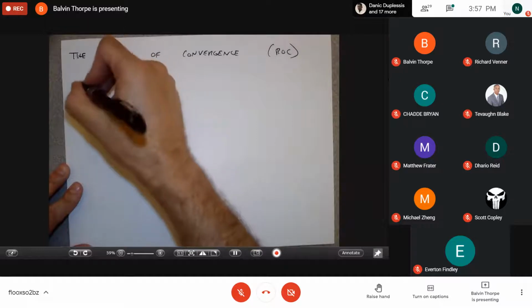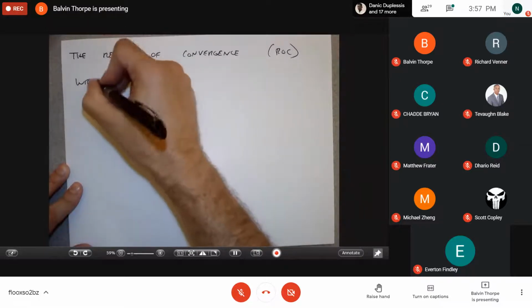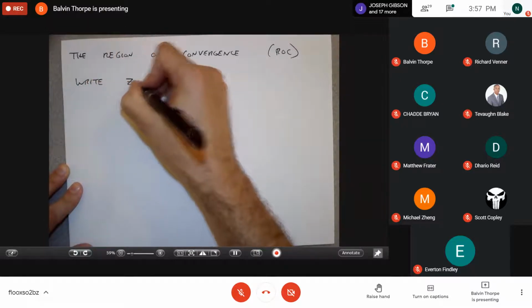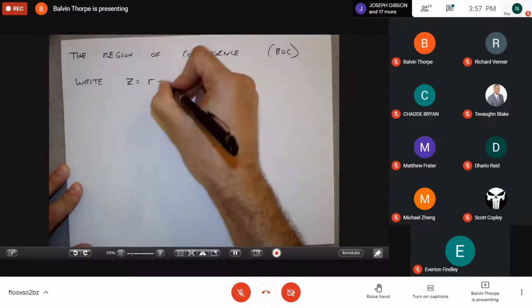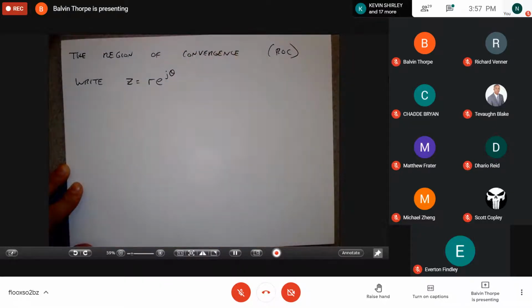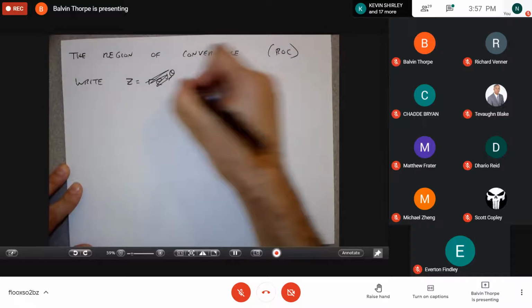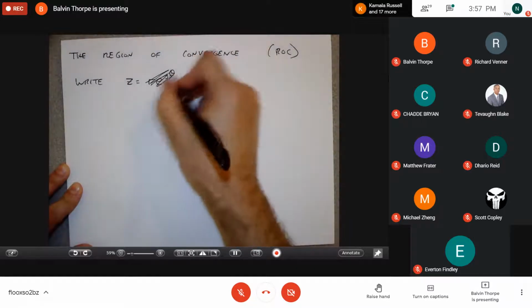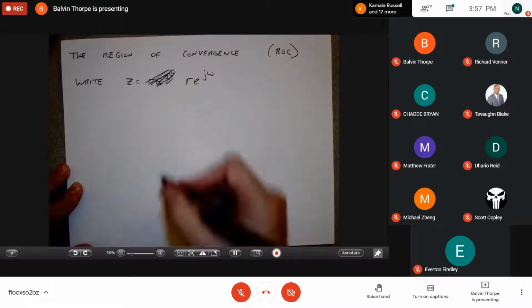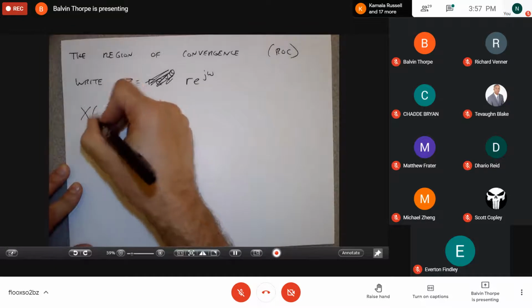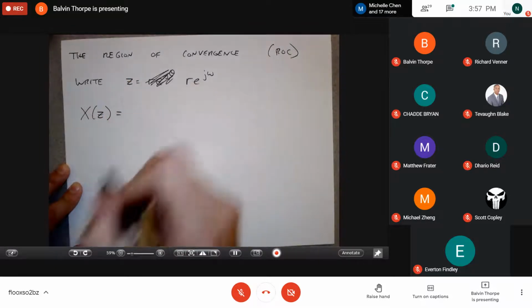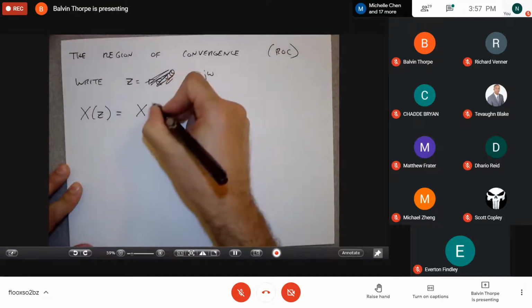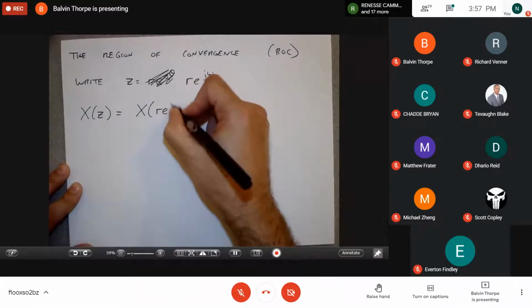So here's the idea. Let's write z in polar form, some magnitude r e to the j omega. We always use omega here. Now let's look at the Z transform writing z in this way.